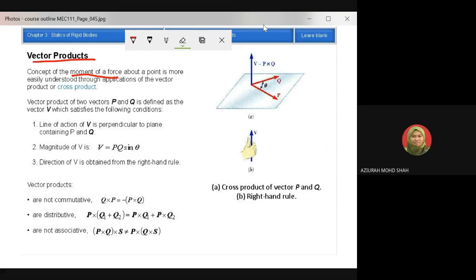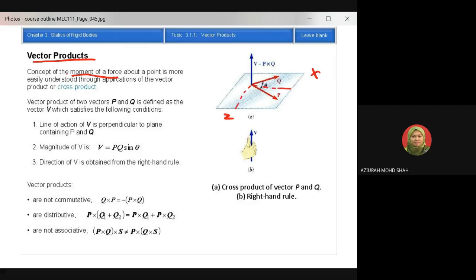Kita assume lah it is in plane XZ lah kan. Ini kita kata plane X and Z. Axis dia, katalah saya buat kat sini.